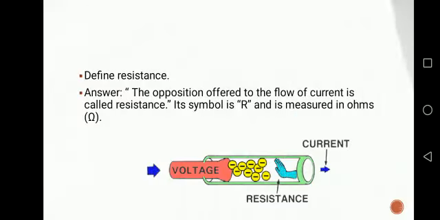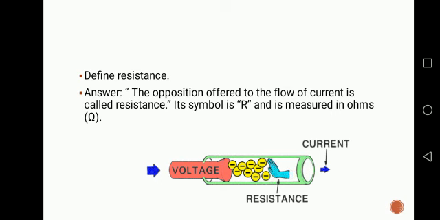And the next one is resistance. What is resistance? The opposition offered to the flow of current is called resistance. Resistance is actually a measure of the difficulty of passing an electric current through an electrical conductor.